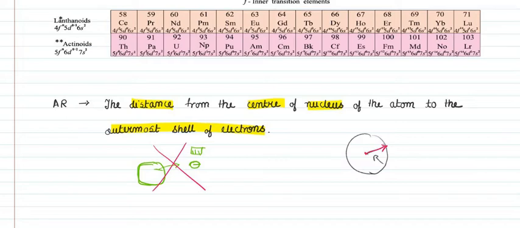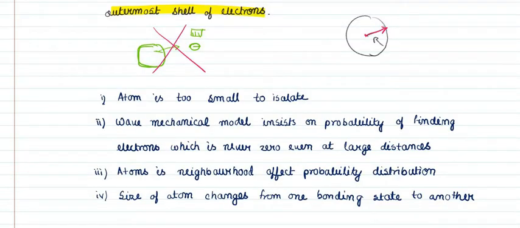Why is it not easily measurable? Let's see. The atom is too small to isolate. We cannot isolate an atom like this; it is very small and very hard to isolate. The second problem: the wave mechanical model, which we learned in the atomic structure chapter, insists on the probability of finding an electron.